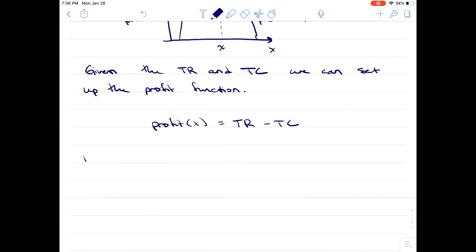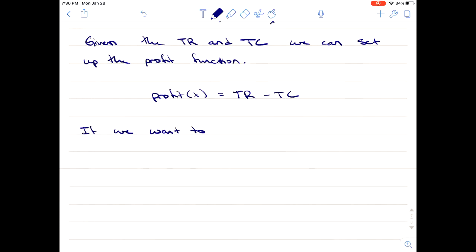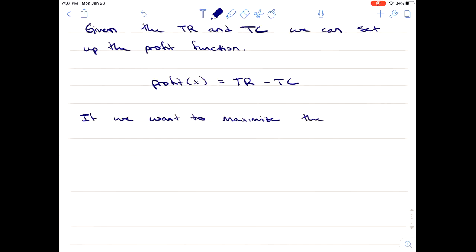So if we want to maximize the profit, first step, so these are the same steps as before, just specific to the profit function.